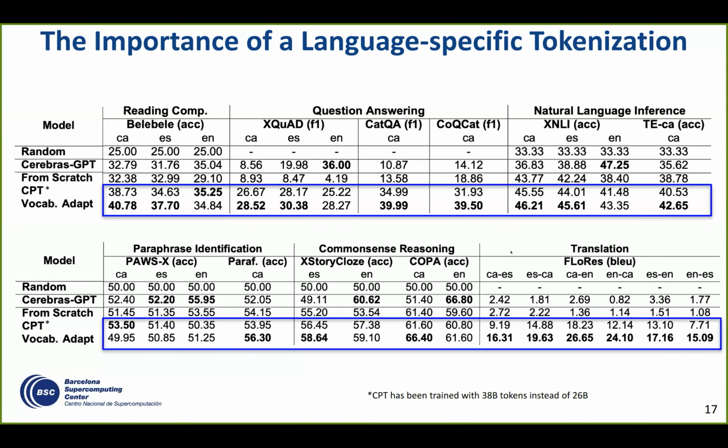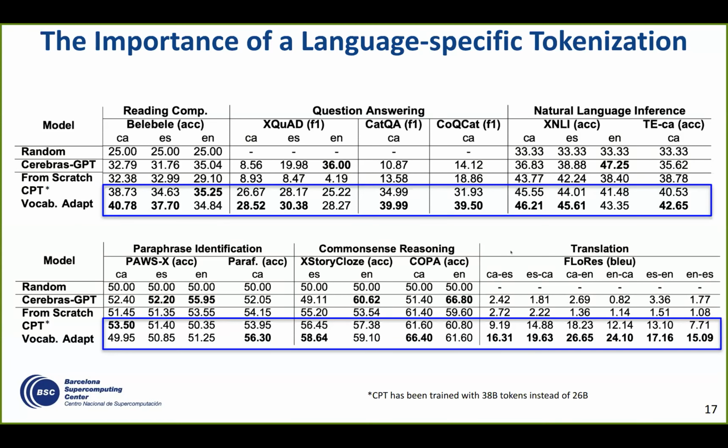When we compare both continual pre-training strategies, the CPT and the vocabulary adaptation one, the first thing that we must notice is that they do not share the same tokenizer. So the CPT model has been trained on 38 billion tokens instead of 26 as the other one.